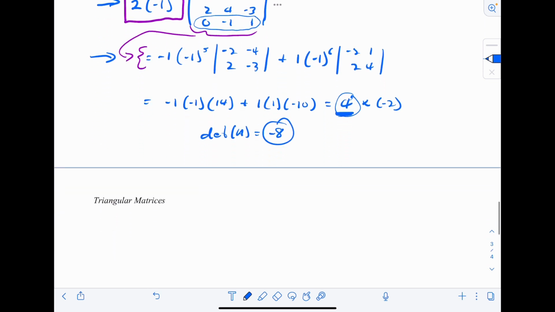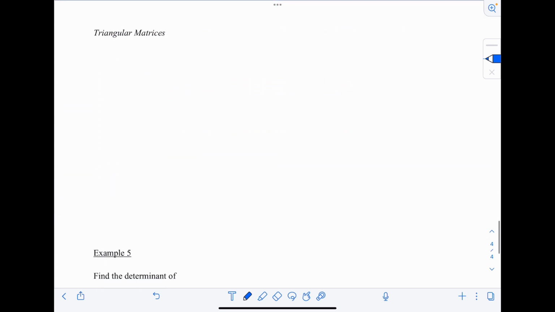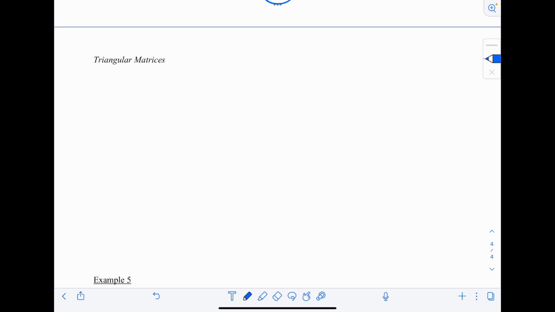All right, let's kind of switch gears for a minute here. We're still dealing with finding determinants of matrices, but let's talk for a minute about triangular matrices. So before we actually get into how we find determinants for these, let's just talk about what a triangular matrix is. A triangular matrix happens when you have a diagonal of numbers and all of the entries on one side of that diagonal are zeros.